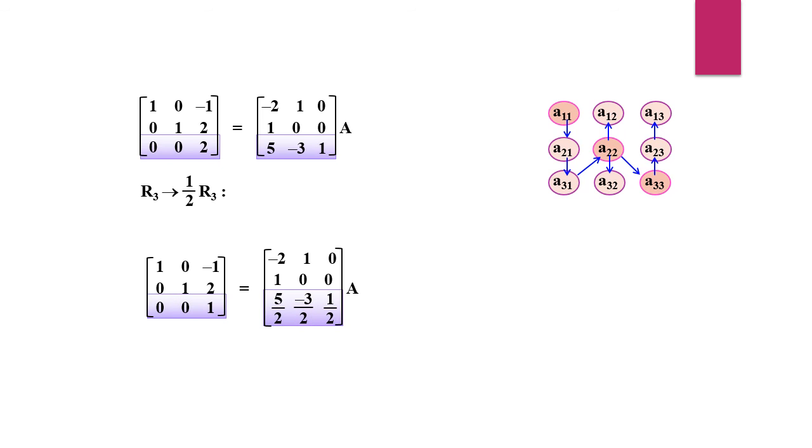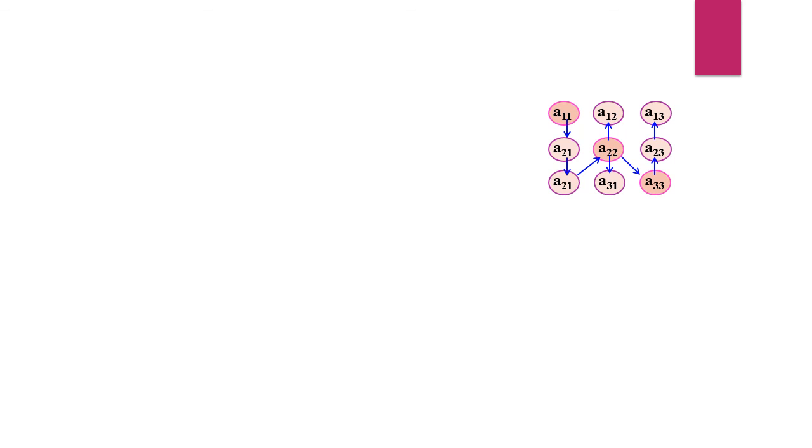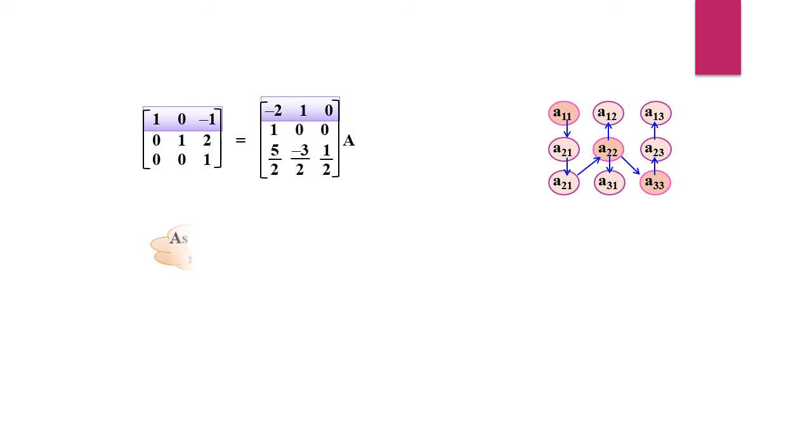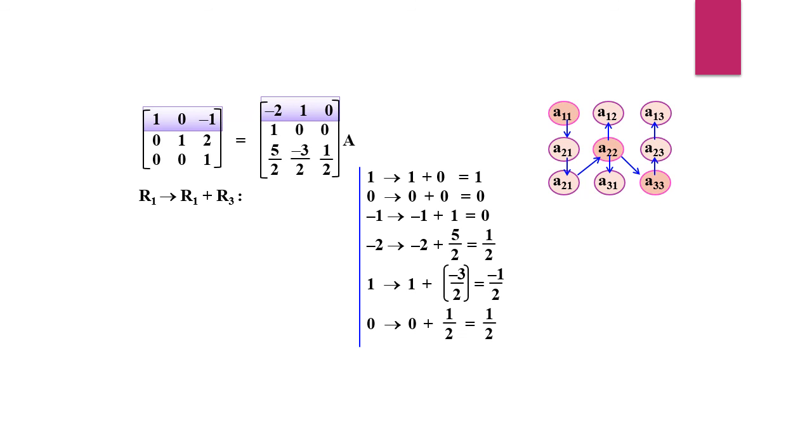Next, we focus on the elements A23 and A13. So first we will consider the element A13, and A13 is minus 1. We need to reduce it into 0. So we apply the property R1 implies R1 plus R3. So the first element of R1 with first element of R3, we get 1. Second element of R1 plus second element of R3, we get 0.